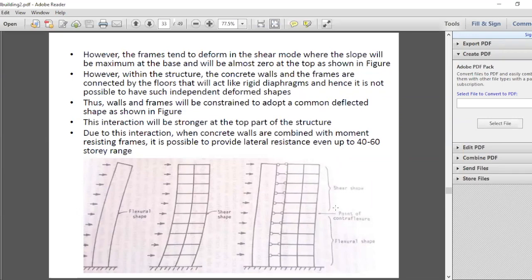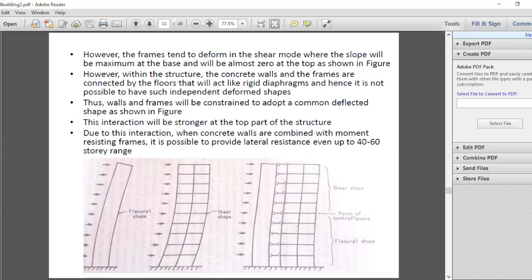And let's see what are the advantages of wall frame interaction. One of the questions that I can ask is, now when you have a concrete wall, and the frame is linked to it, we say the structure is braced. That means the lateral loads are carried by the wall and the deformations are controlled by the wall.